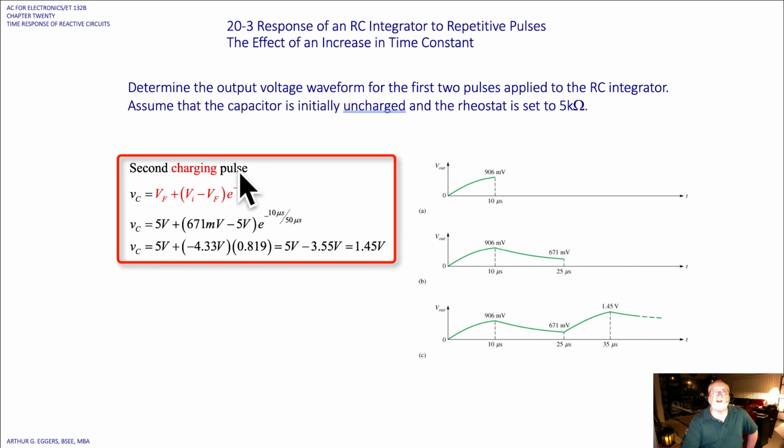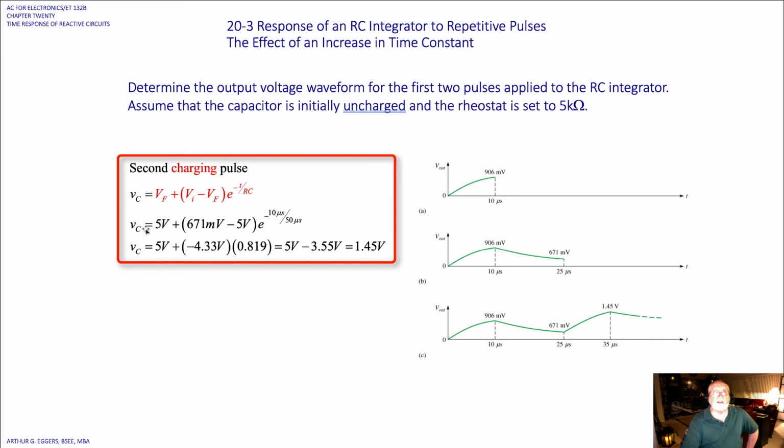For the second charging pulse, we end up with a final value problem. Actually, this is called a boundary value problem. Boundaries are final and initial in our math here. Again, this was a third exponential form that you should be familiar with from your DC course.